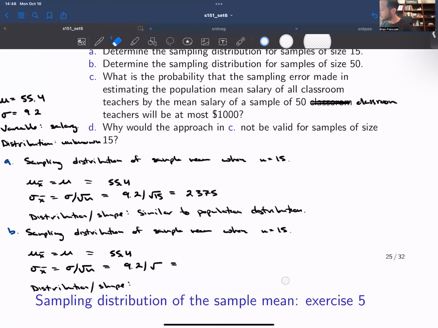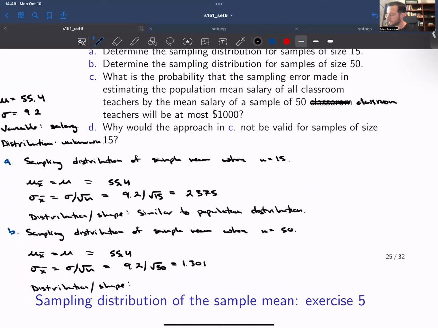The only things that are going to change with our changing sample size are the standard deviation and the shape. First off, the mean is exactly the same because mu x bar is equal to mu. The standard deviation is sigma over the square root of n. We've increased our sample size to 50, so now our standard deviation of the sample mean is 1.301.